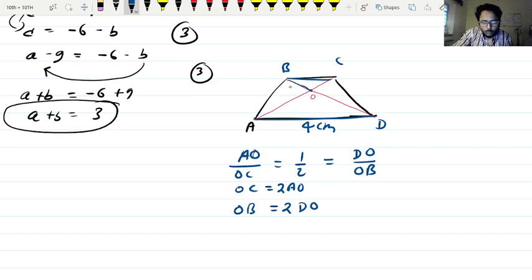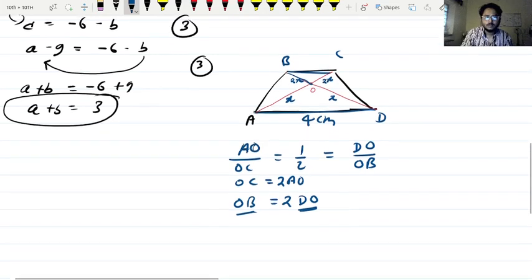I'm writing it as 2x, so DO is x, because OB is twice of DO. So OB equals 2x. In the same way, AO equals x, so OC equals 2x.